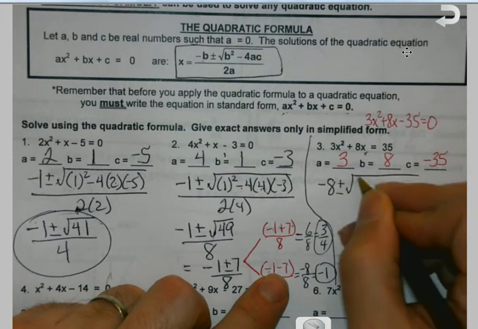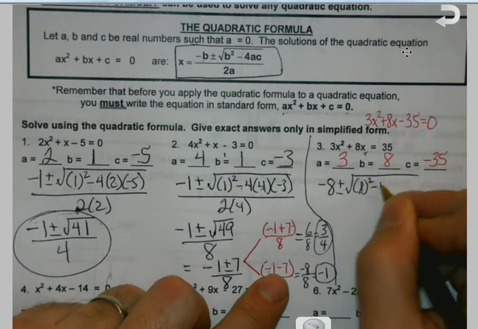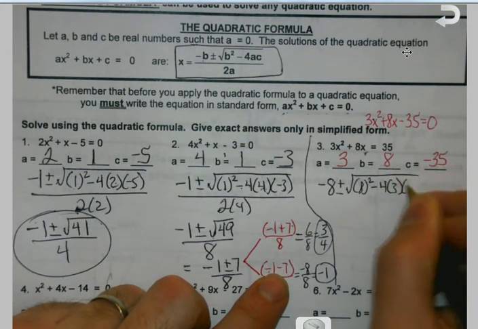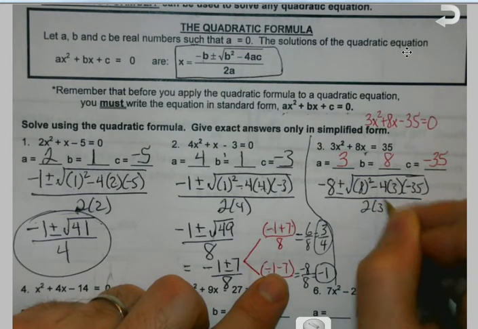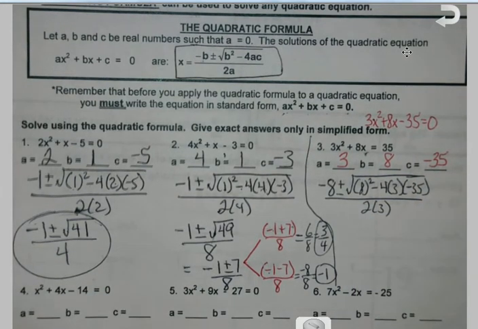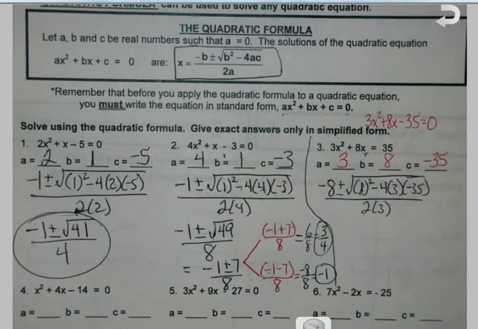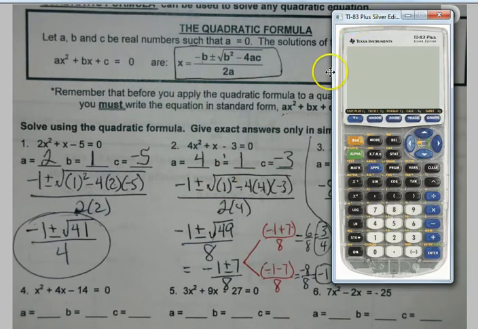-b plus or minus square root of b squared minus 4ac all over 2a. All right, am I going to trust myself on this one? Nah. It's been one of those days.